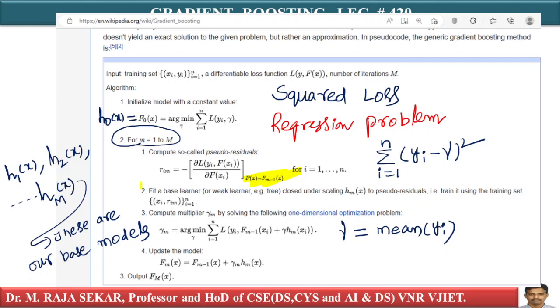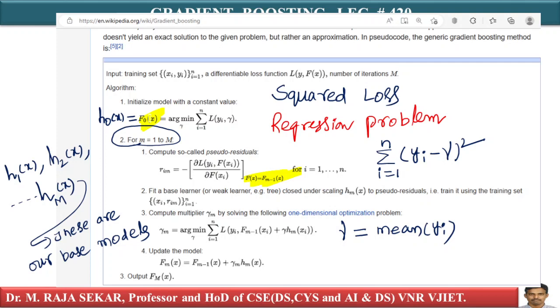We completed m minus 1 stages, and now we are at the mth stage. At this stage I already have a model. When m equal to 1, I already have f0 of x. So I just compute this derivative, and with this I will get the pseudo residual. This is exactly what we discussed.